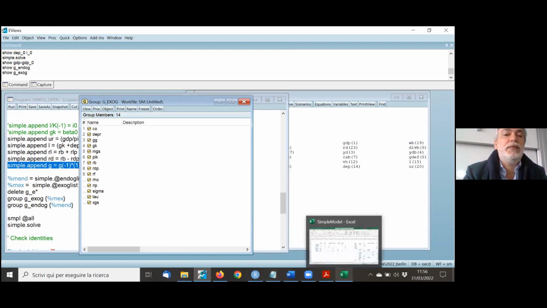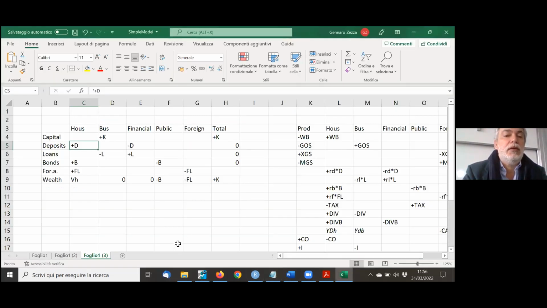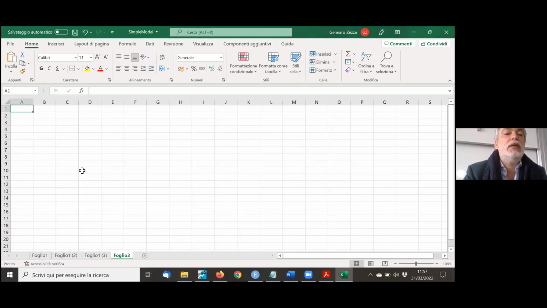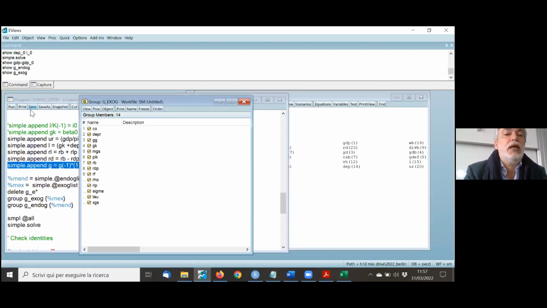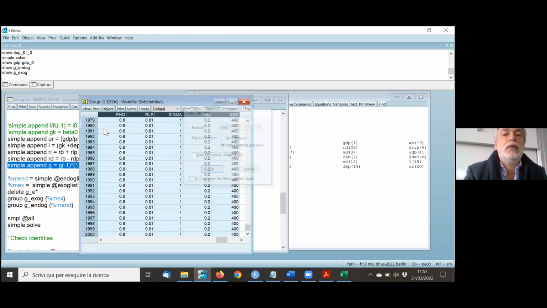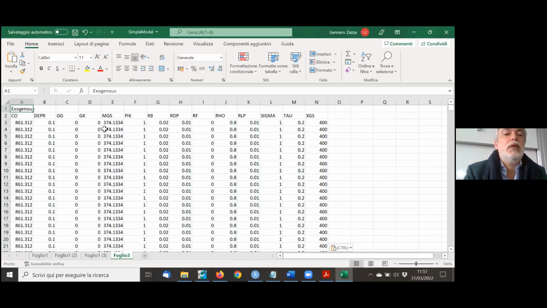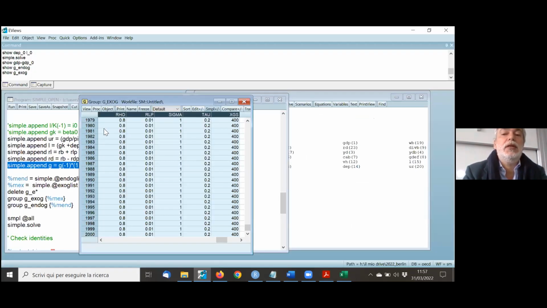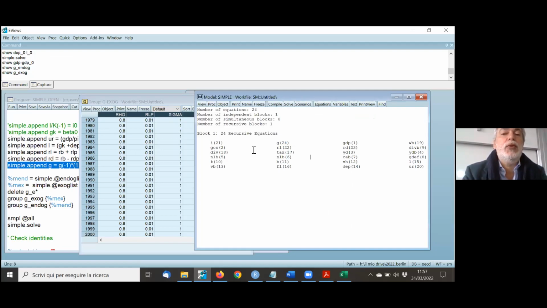So in my spreadsheet, I can create a sheet in which I have the exogenous first, and I can copy their values from here. And then I can have my endogenous list in here. And now I want to arrange them in the order in which the model is solving for them.